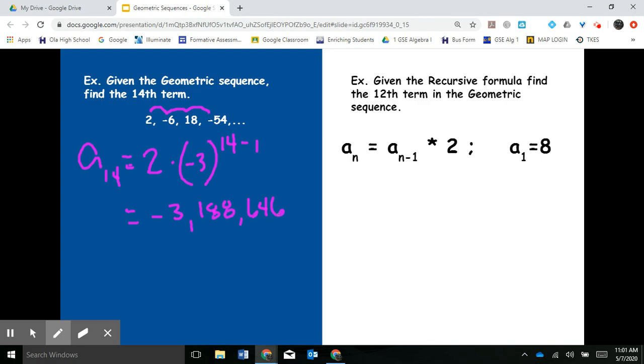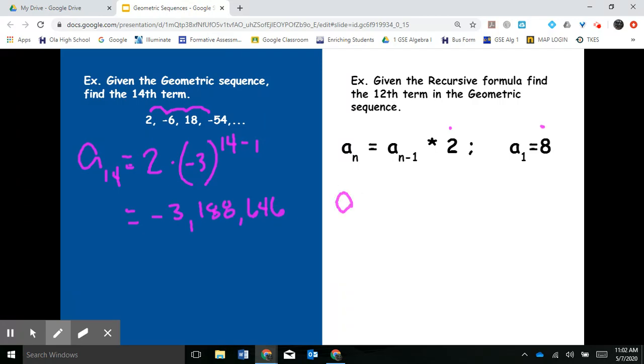The next example says, given the recursive formula, find the 12th term. Remember, we can't use the recursive formula to find the 12th term. We have to use the explicit, but this gives us what we need to be able to use the explicit. Here's the common ratio, and here's the first term. So we're going to do the same thing.